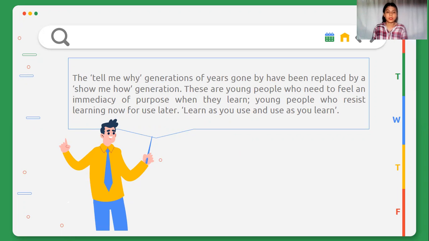They tell me that generations of years gone by have been replaced by a show-me-how generation. These young people need to feel an immediacy of purpose when they learn. Young people will resist learning now for use later. Learn as you use and use as you learn.